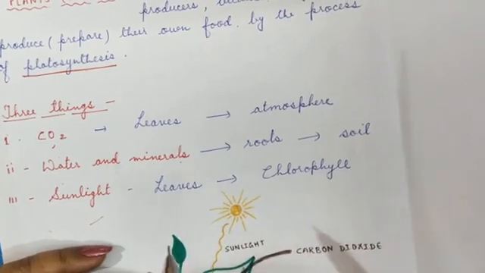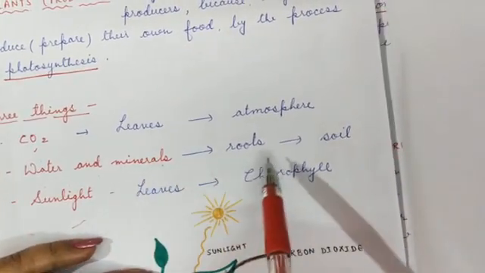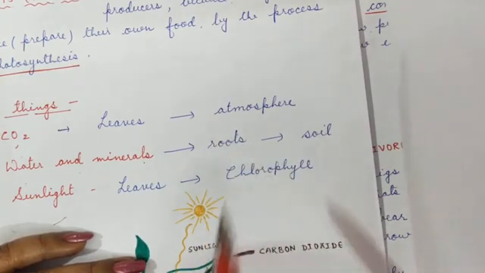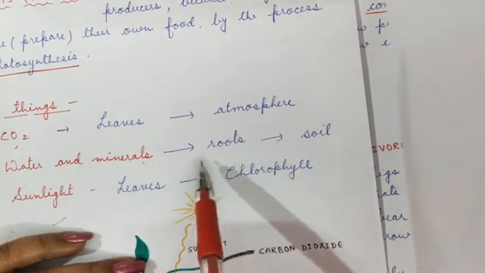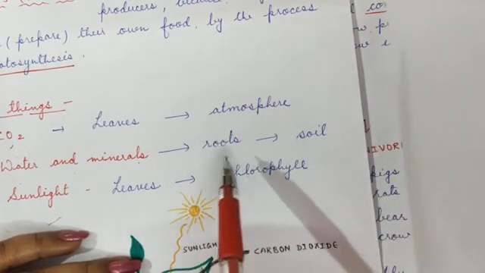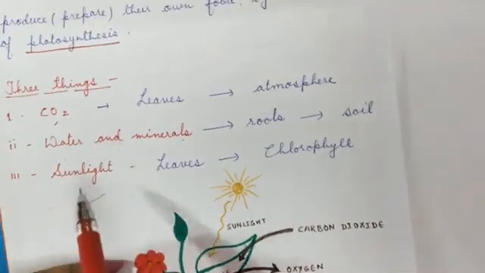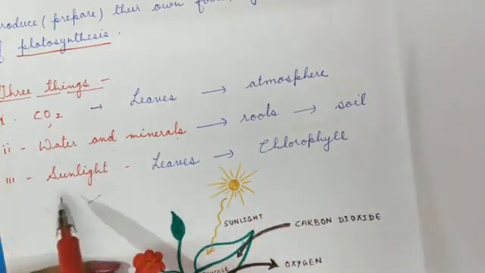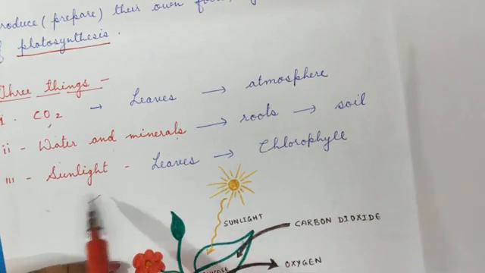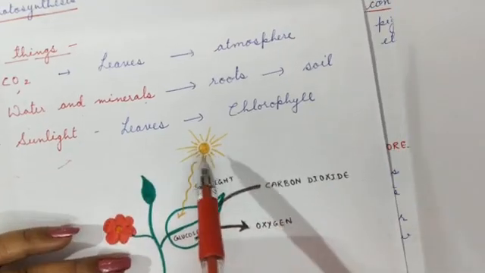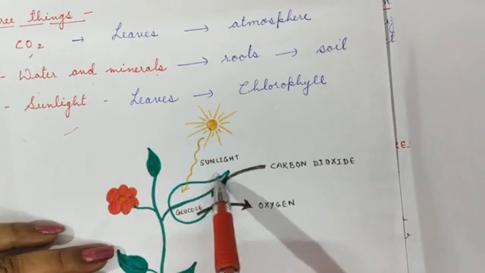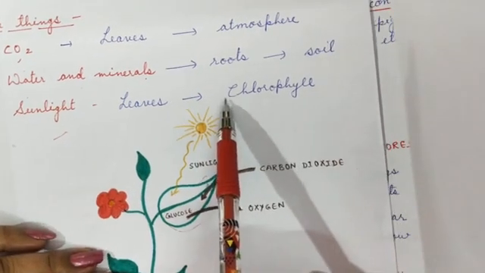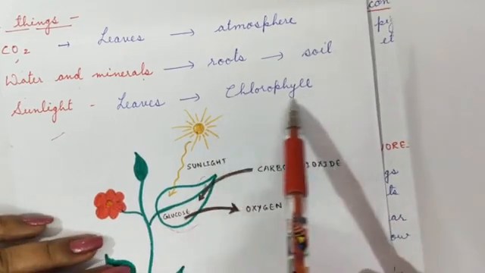Second, water and minerals. These water and minerals are absorbed by the roots of the plants from the soil, because roots are there in the soil. And the third thing which is required for the process of photosynthesis is sunlight. And this sunlight is trapped by the leaves of the plant with the help of a green pigment present in the leaves.